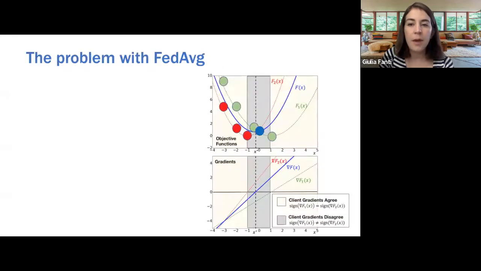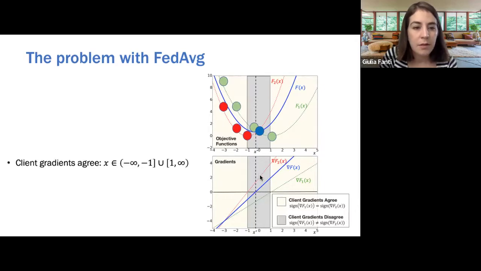So the problem with FedAvg can be seen from the following. In this figure, we have two regions, a yellow region and a gray region. In the yellow region, which is basically from -∞ to -1 and from 1 to +∞, we can see that the gradients of these objectives agree in sign.